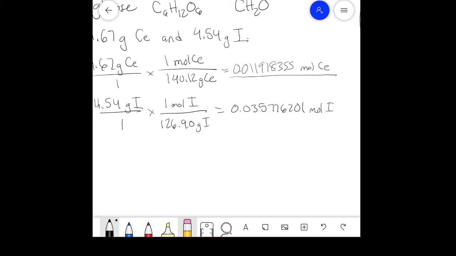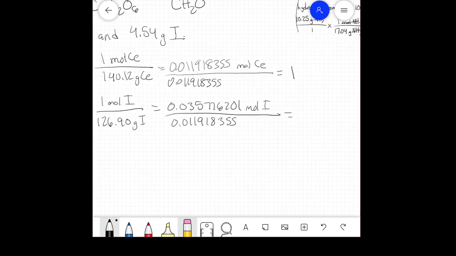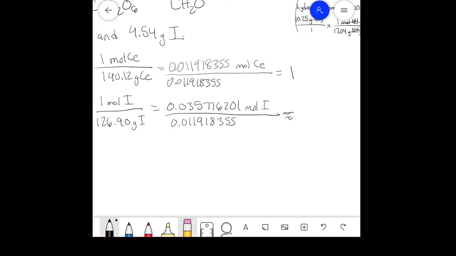I'm going to divide by this, which gives me exactly 1. And then I'm also going to divide by this, which is going to give me approximately 3.